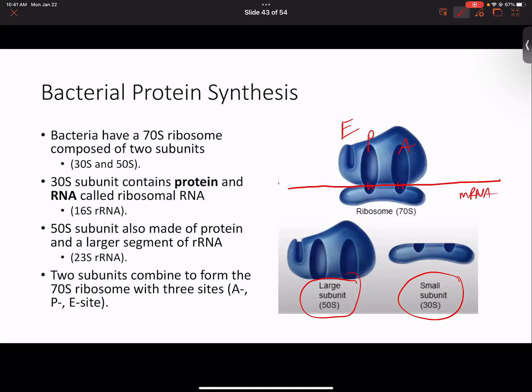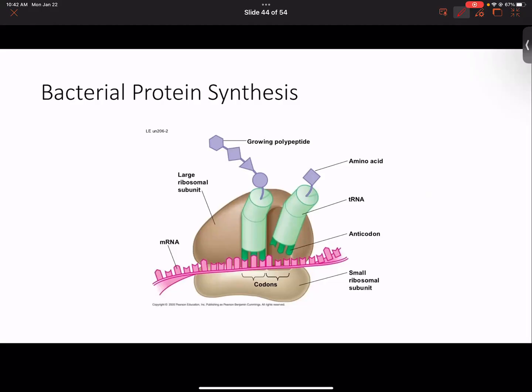Right. So again, you guys know this, right? I feel like I'm just wasting time, but a transfer RNA with an amino acid will come into the A site and bind, and then another transfer RNA with an amino acid will come in, and so on and so forth. And ultimately, what you get is a growing peptide chain.